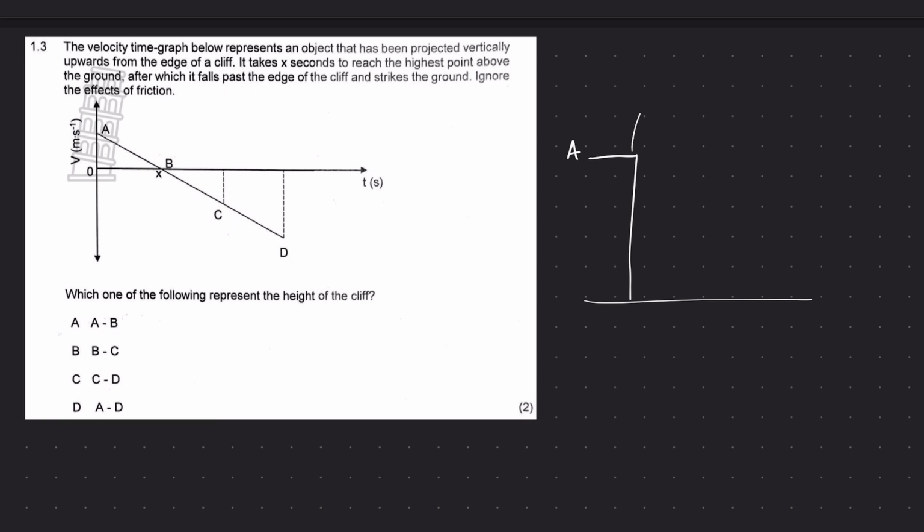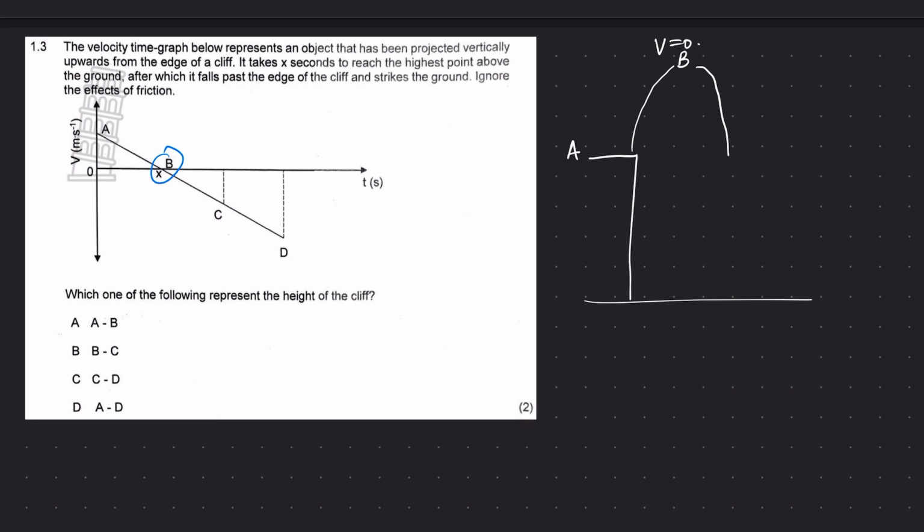We project it upward and it reaches maximum height. We know at maximum height, V equals 0. And if I read this graph, V is 0 at point B. So this point is going to be point B. Then it comes back down.